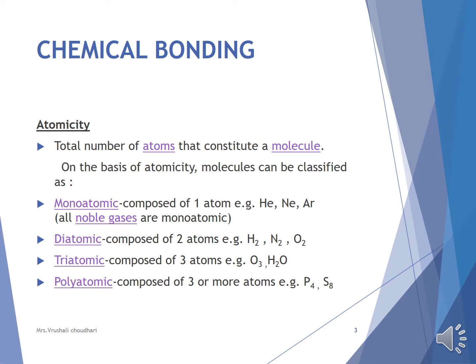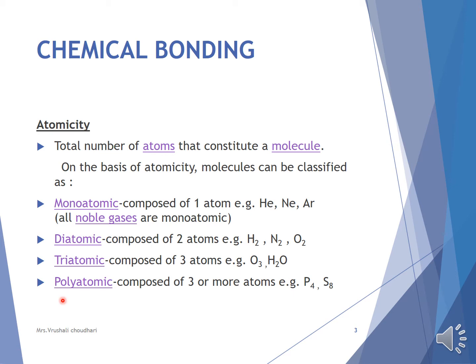O3 is ozone, and H2O is water. H2O consists of two hydrogen atoms and one oxygen atom, so the total number of atoms is three, therefore it is triatomic. They may contain the same element or different elements.